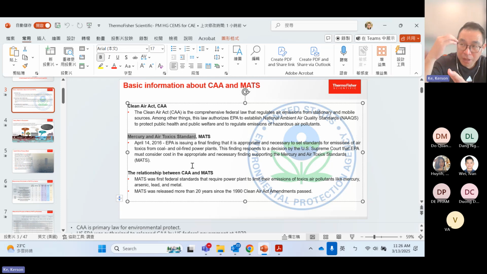So US EPA uses the PM concentration to estimate the heavy metal emission level. That's the key concept.